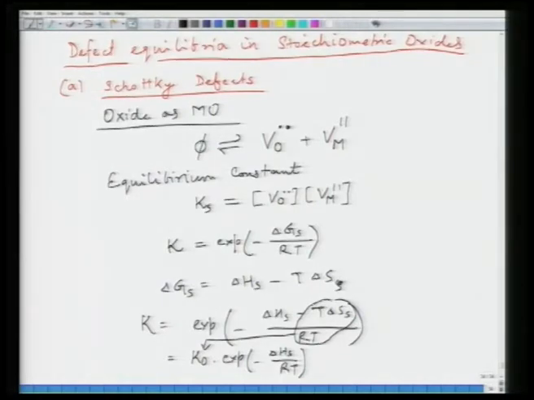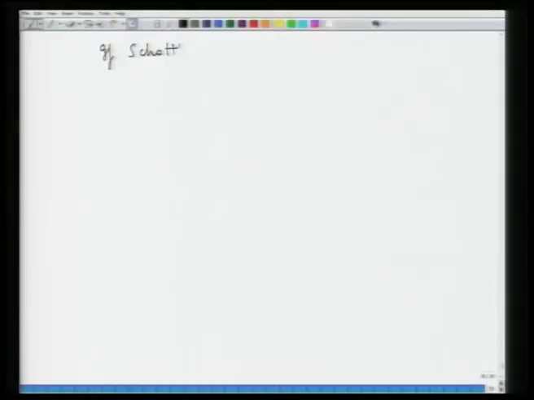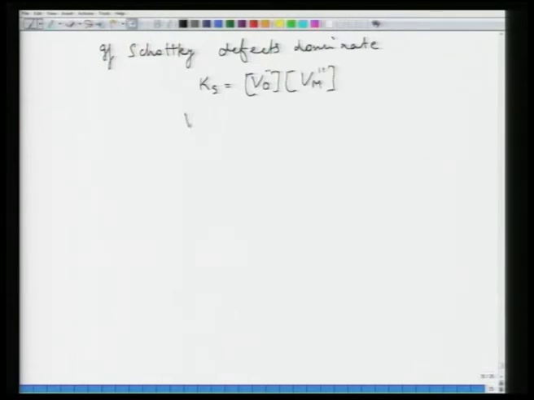So, having done this, let us say the Schottky defects dominate, or are the defects present in majority. In that case Ks was equal to VO multiplied by VM, and we know that VO is equal to VM, right.